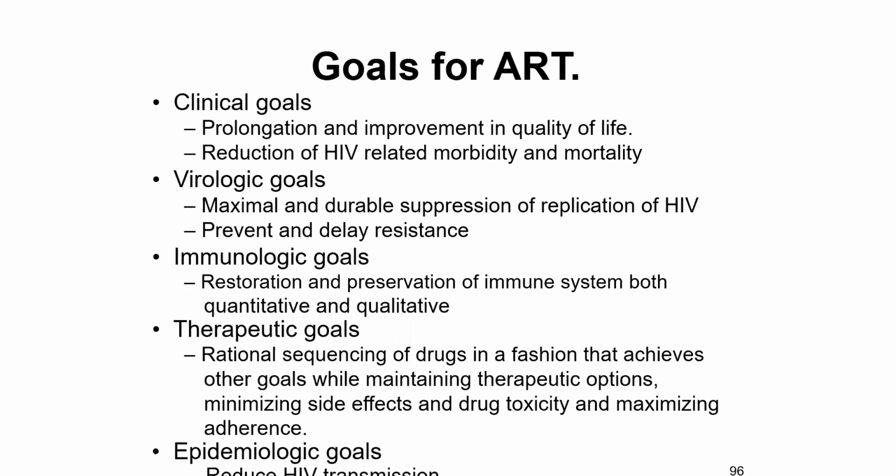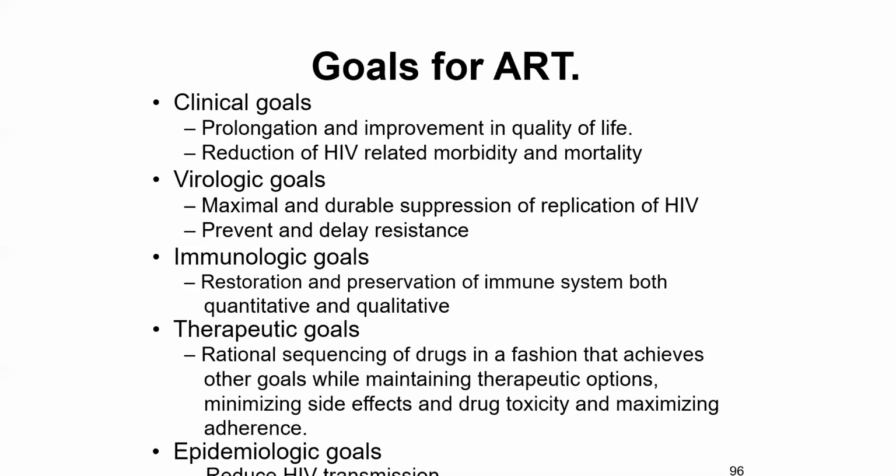We have clinical goals, virologic goals, immunologic goals, therapeutic goals, and epidemiologic goals. In terms of clinical goals, it's all about improving the quality of life and reducing HIV morbidity and mortality.